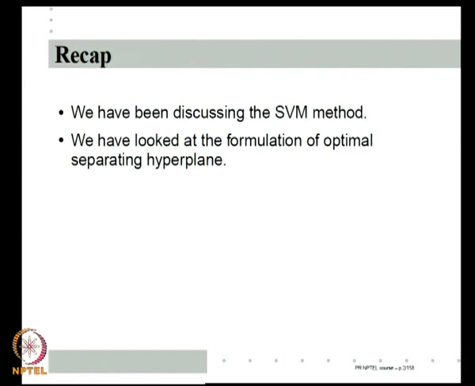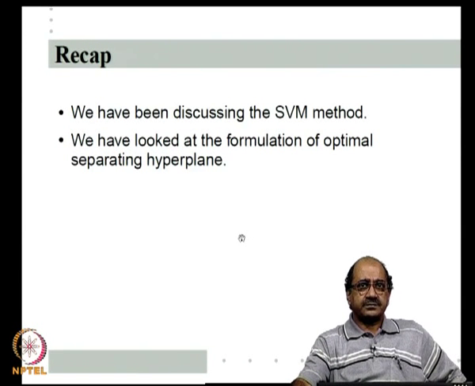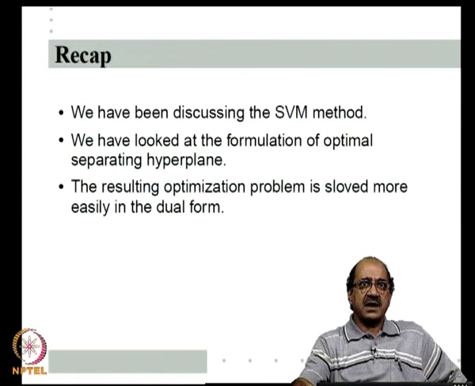So, to recap, we have been discussing the support vector machine. Basically, it amounts to formulation of an optimal separating hyperplane problem. So, we have seen how to define an optimal separating hyperplane and generate an optimization problem whose solution is the optimal separating hyperplane.